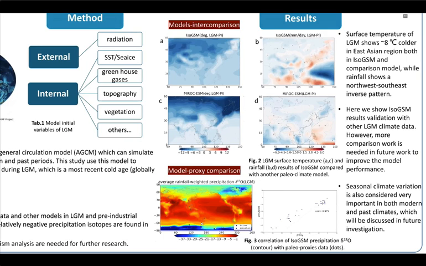And you can see more negative values in the high latitude area, and less negative values in the low latitude area. And the result looks very good. However, there are still some differences between our results and other data. So more comparison work is needed for the future.